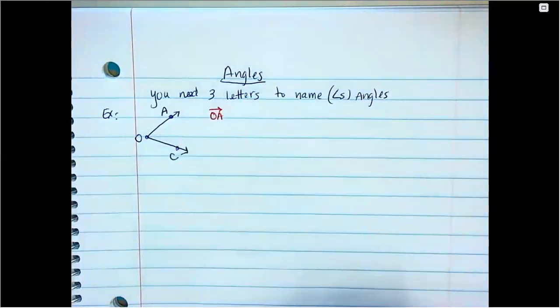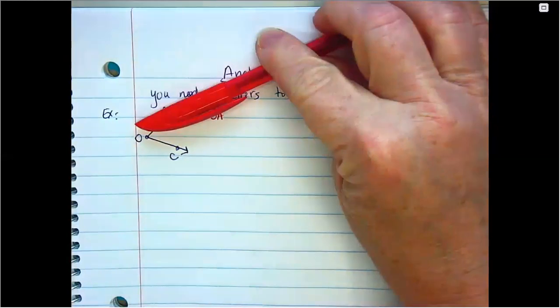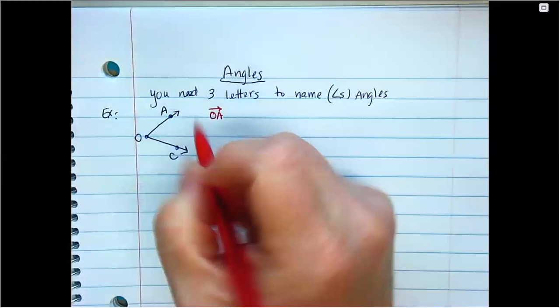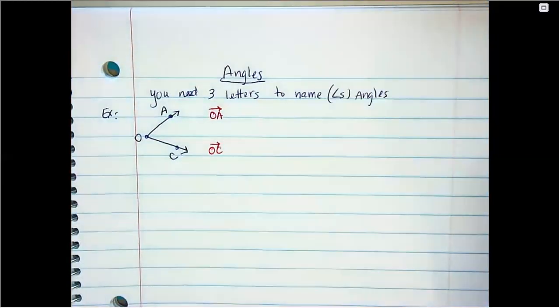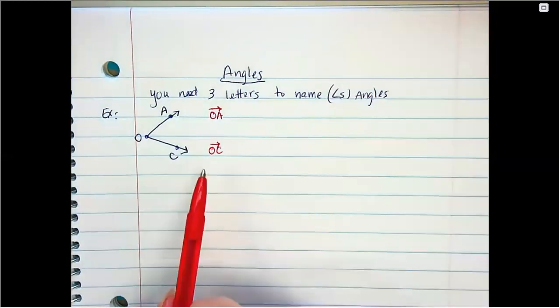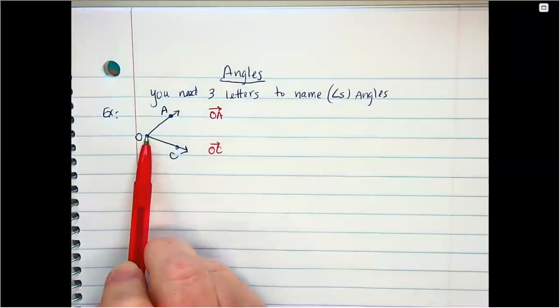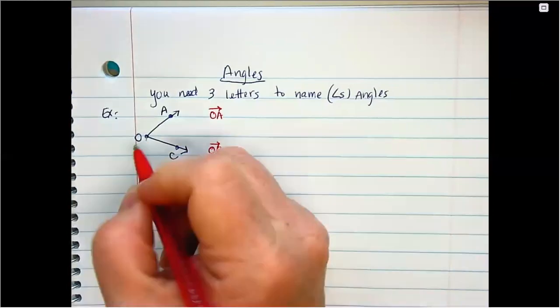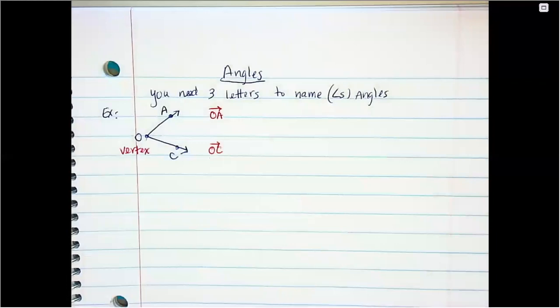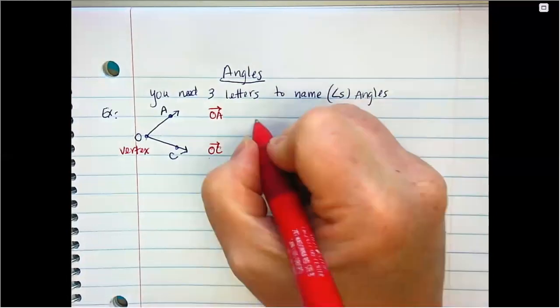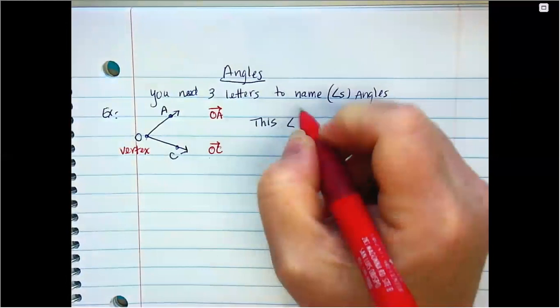And if we look at this part over here, we have a ray that starts at O and goes in the direction of C. So we have ray OC. And look at where they connect. They both have the point O in common right here. That's where they connect. That point that they connect is called a vertex. So if we're going to name this angle, this is angle AOC.